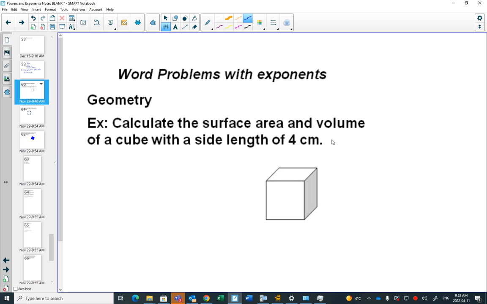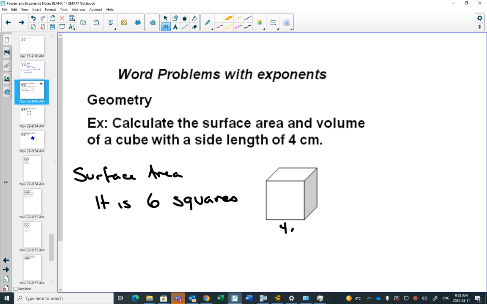If you painted all the sides, how many sides do you have to paint? Count them. 6 of them, right? So for our surface area, we have to think about it being 6 squares.